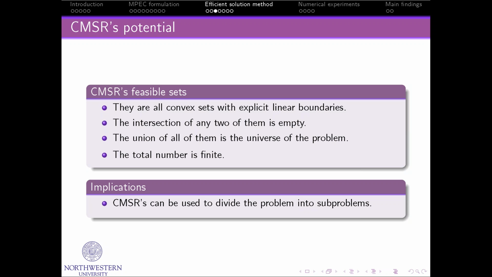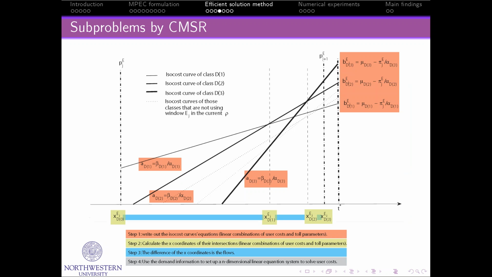Now the problem becomes how to write out the flows and costs as explicit functions of the toll parameters for any given CMSR. To do this, we first write out the isocost curve equations for each user class in each arrival window.